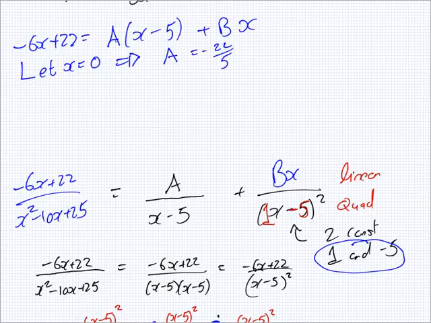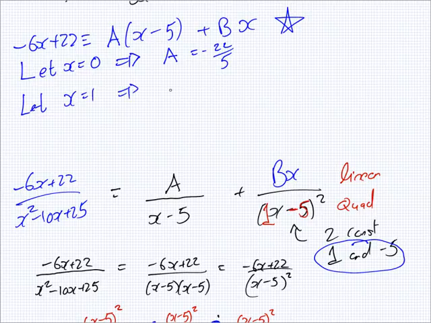Okay, so you should have this equation here to get the a and the b. Is that right? Yeah. So if I make x equal to 0, I get a is minus 22 over 5. And then next I'll let x equal 1.